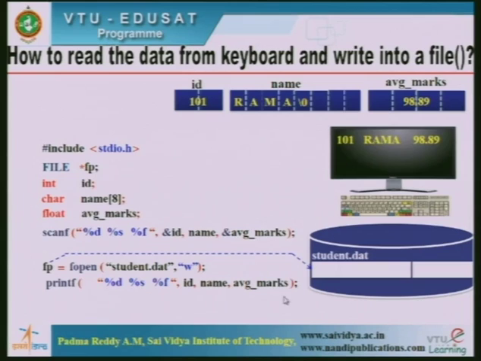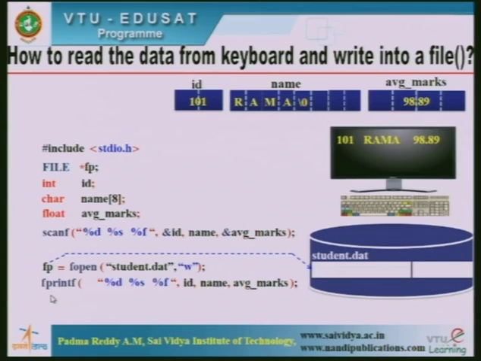Now remember, here we are using the printf statement, and with it I get 101, Rama and 98.89 on the screen. But I am not supposed to display the data onto the screen. Instead, I am supposed to write the data available in these variables into the file using the format specifiers. So I cannot use a printf statement. Now what am I supposed to use?